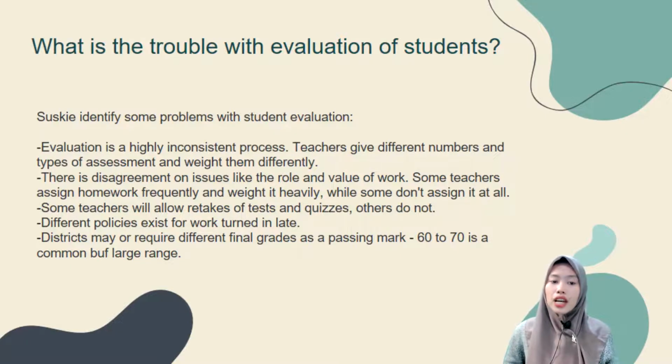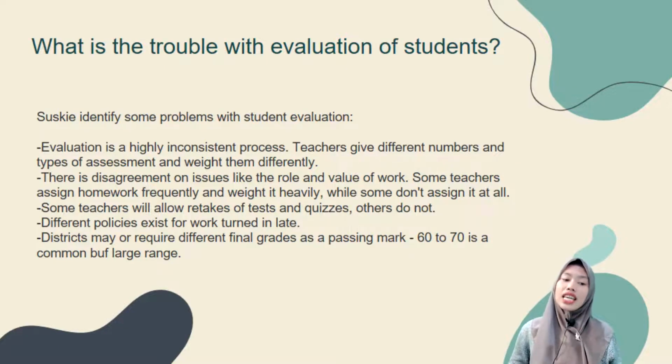Some teachers assign homework frequently and weight it heavily, while some don't assign it at all. And then some teachers allow retakes of tests and quizzes, others do not. Different policies exist for work turned in late, and districts may require different final grades as a passing mark; 60 to 70 is a common range.